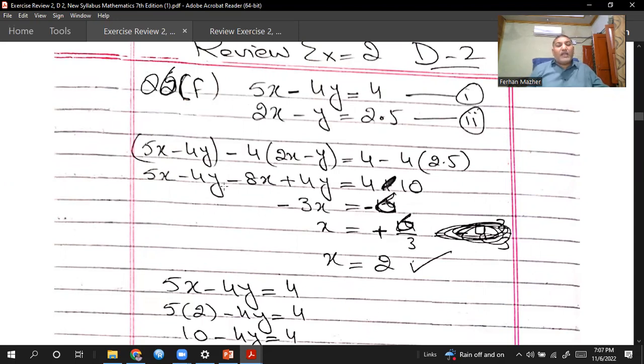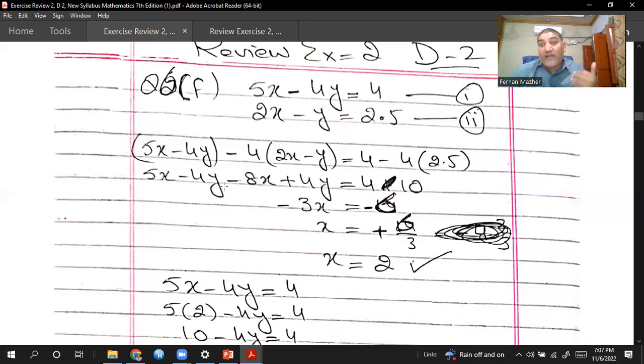So this will become 5x minus 4y minus 8x plus 4y equals 4 minus 10. Minus 4y plus 4y will cancel. So 5x minus 8x, that will be minus 3x, equals minus 6. So minus minus will cancel. So x will be equal to 6 divided by 3, and x will be equal to 2. So this is how you will find the value of x.